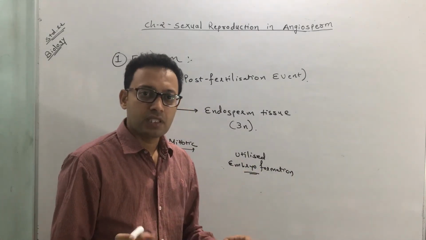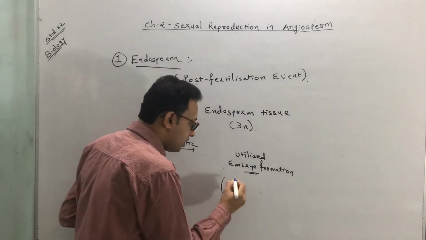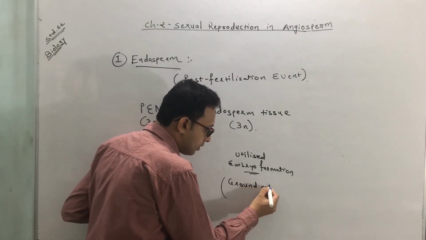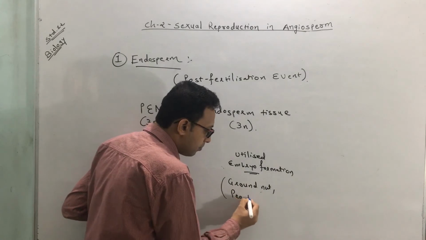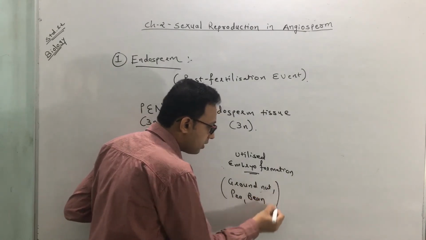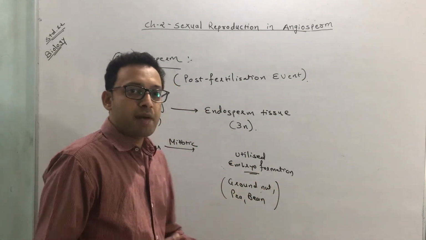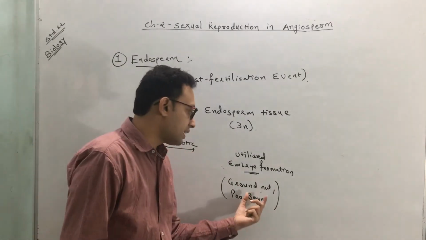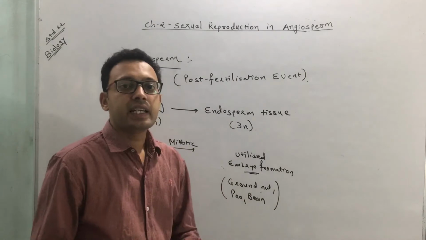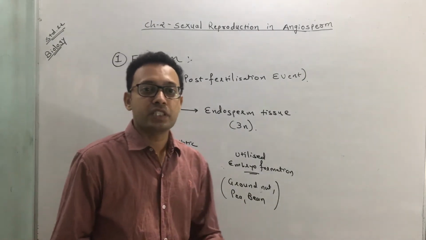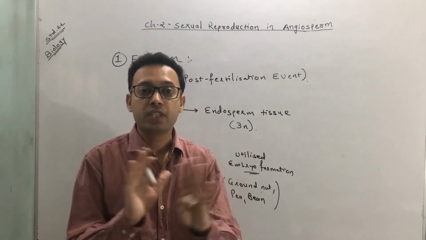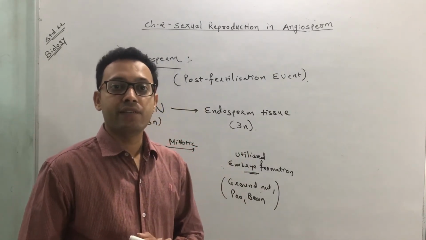Like in the examples of groundnut, pea, bean. In this case, the embryo utilizes the food present in the endosperm fully. In some cases, the reserve food present in the endosperm is not utilized fully by the developing embryo.